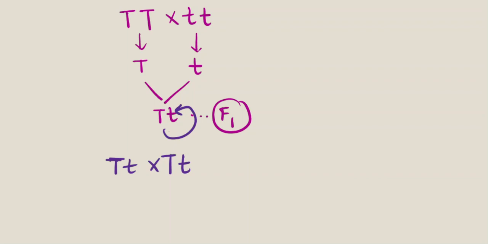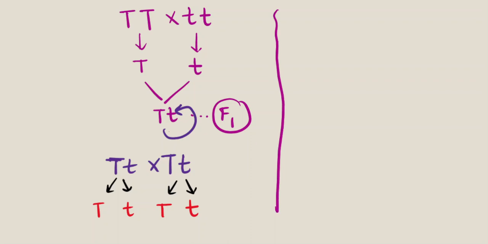Okay, then you made two gametes here also. Then you wrote capital T, small t, and capital T, small t. Then you took capital T with capital T, capital T with small t, capital T with small t, and small t with small t.